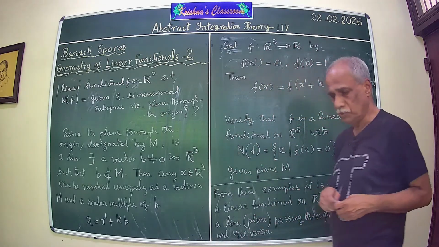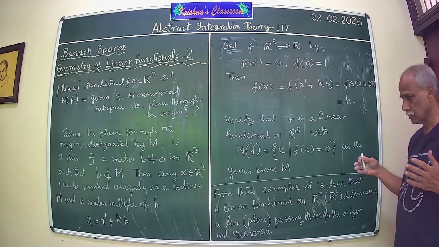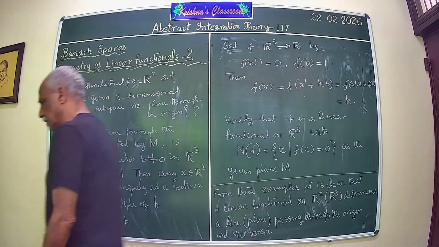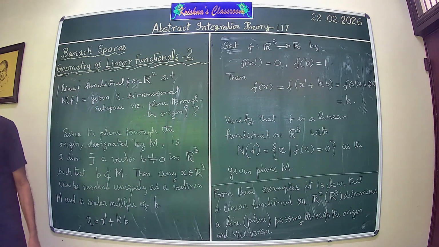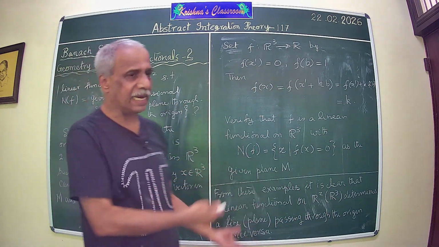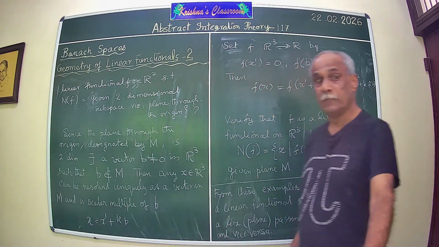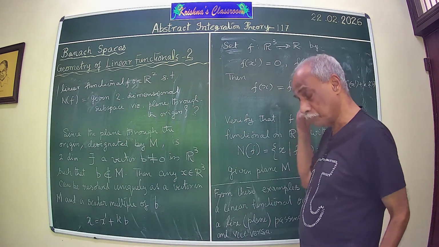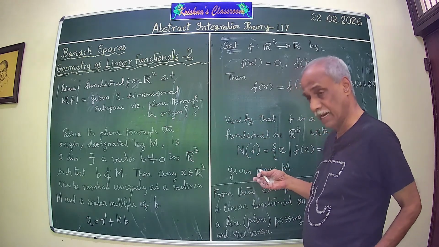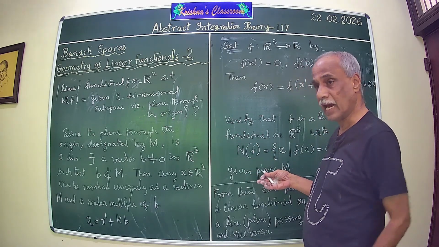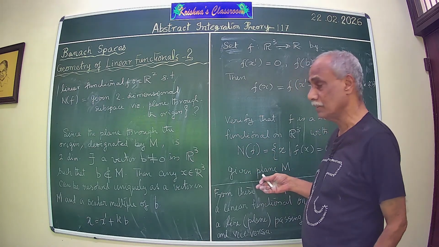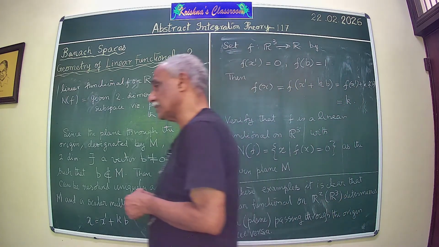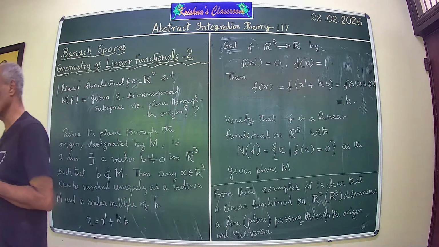Okay, now you see that the null space in R2 is a one-dimensional subspace. When you come to R3, it becomes a two-dimensional subspace. And if you pursue the same analysis, if you take Rn, then it is going to be an n minus 1 dimensional subspace.